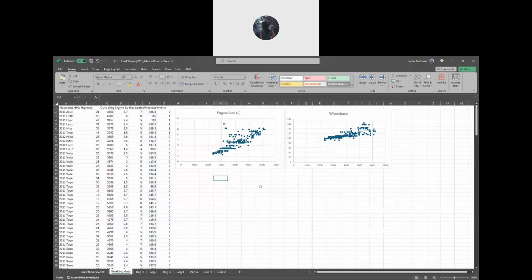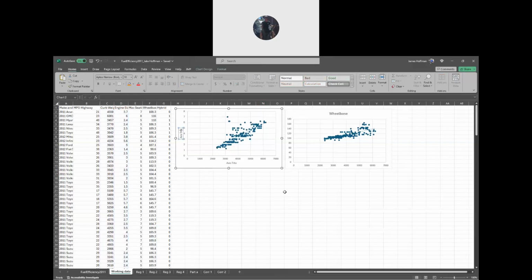I see the line. Well, I think we're looking at this one. So if I were to label this one, this is engine size versus curb weight. Okay. Sorry, I can't remember which is which.